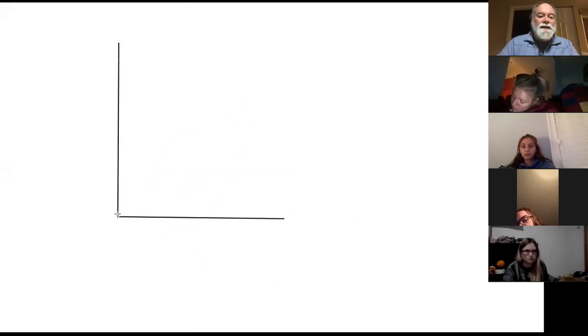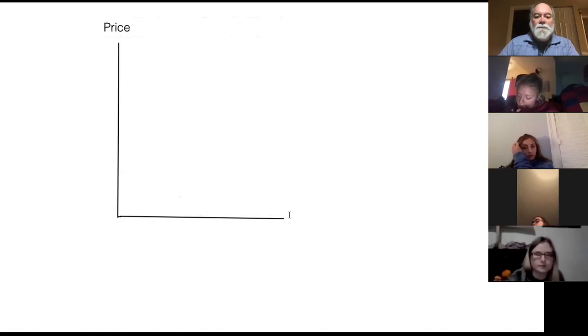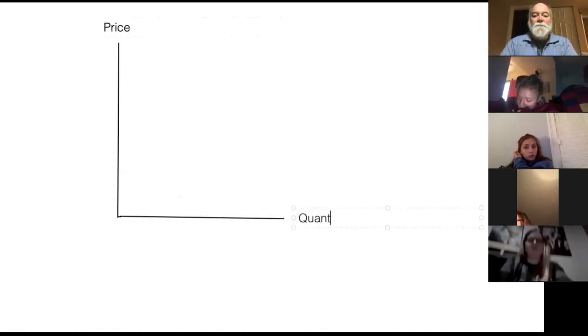It turns out that when you have a straight line demand curve, and I always use straight line demand curves in my class for this reason. Okay. That's the price axis. Here's the quantity axis. Let me just push that a little bit more. Here's price. Here's quantity.